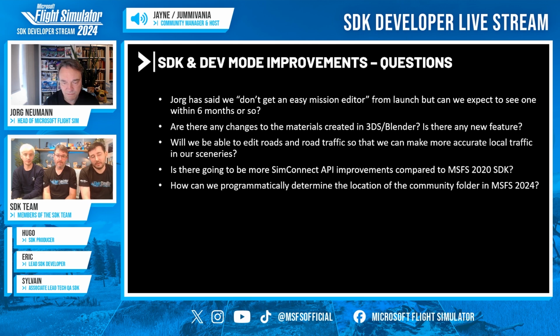Right. Okay. Is there going to be more SimConnect API improvements compared to the 2020 SDK? There are some new. Basically, there's no revolution at this stage. Usually, the revolution or the additions in SimConnect come when we expose new things, either from gameplay or from things like that.